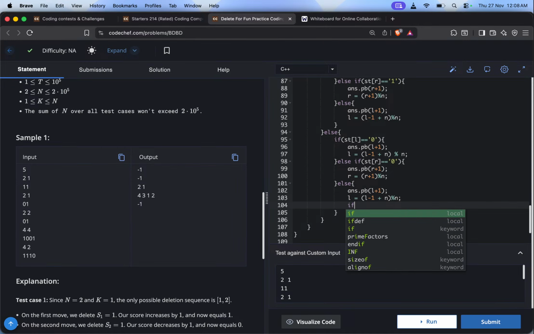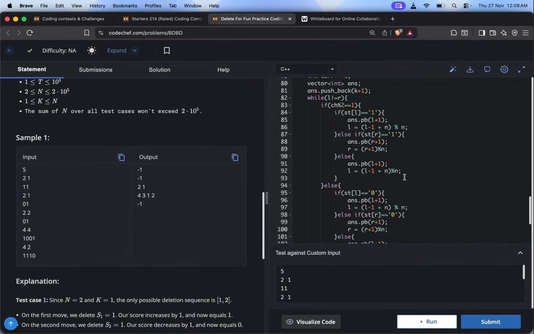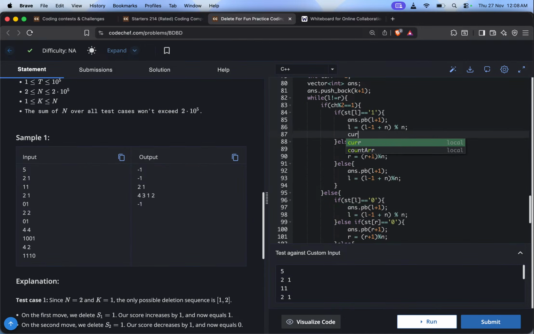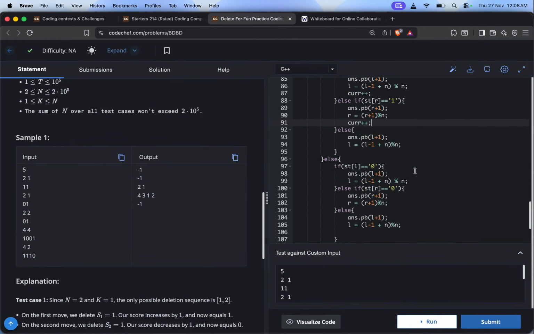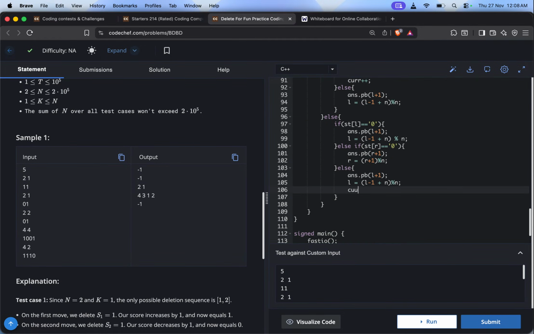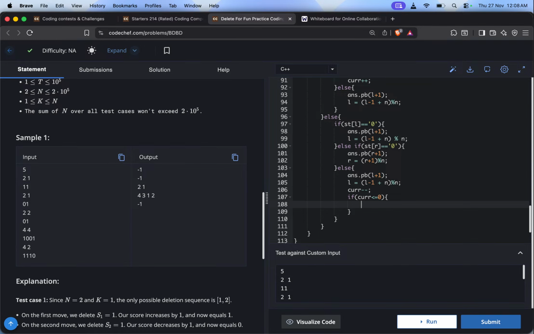So we have still not changed the score. In both of these scenarios, our current score will increase because we have chosen a 1. And in this scenario, because it is even and we have chosen a 1, the score will decrease. But maybe the score decreases up to 0 or negative.